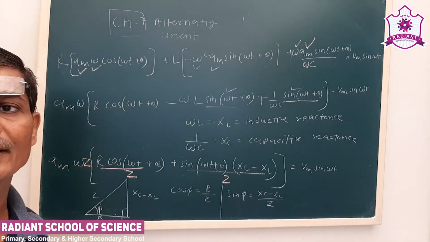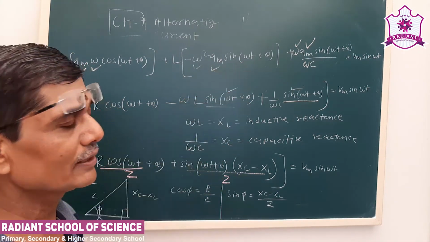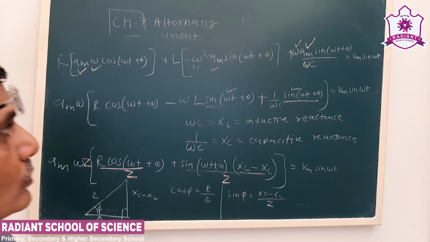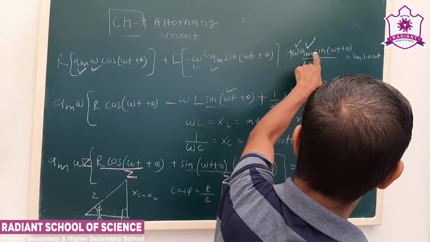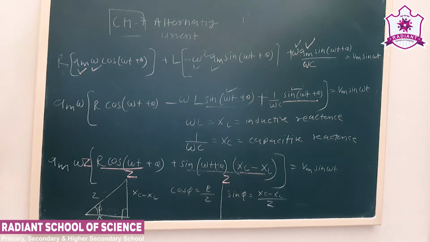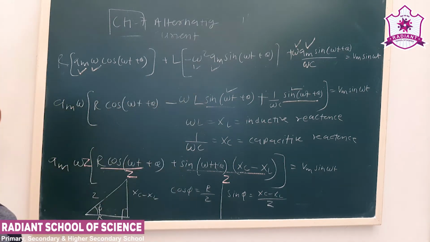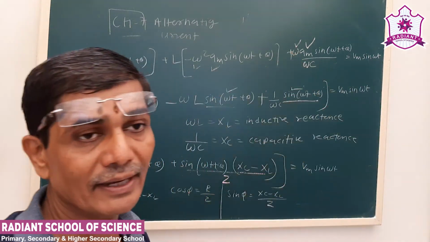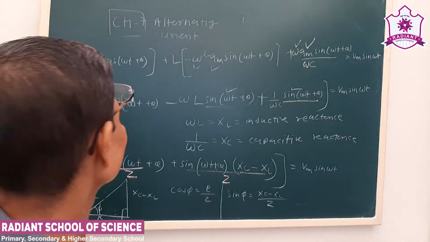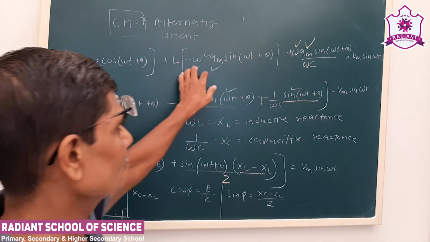This is d square q by dt square, or di by dt, minus omega square qm sin(omega t plus theta), plus q upon c, where q was assumed to be qm sin(omega t plus theta). From all three terms I want to take qm into omega common. It is present here and here, but here only qm was present, so I multiplied and divided by omega. So qm into omega is common from all three terms on the left hand side.